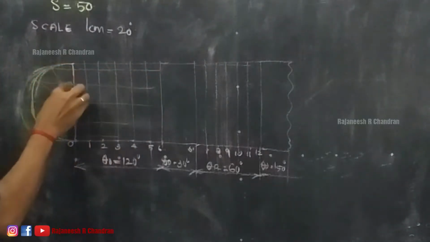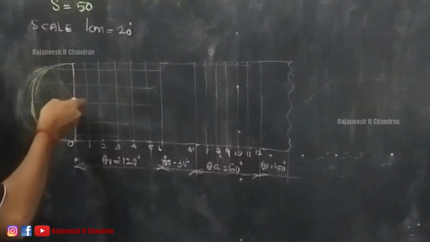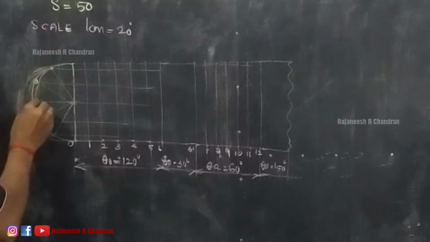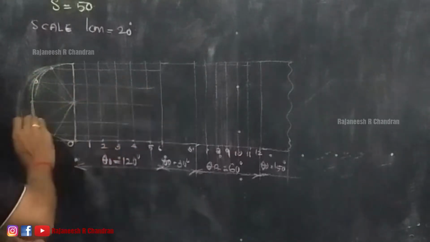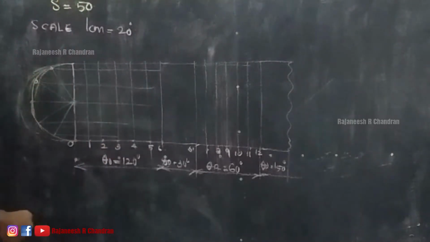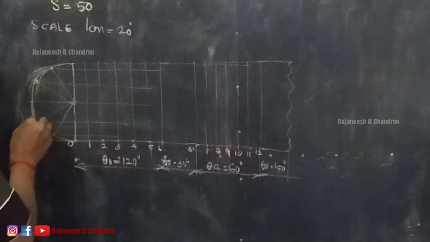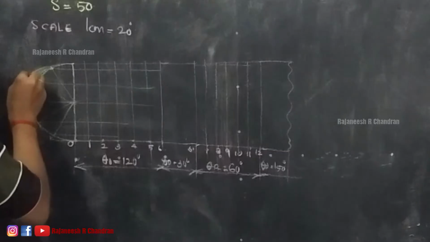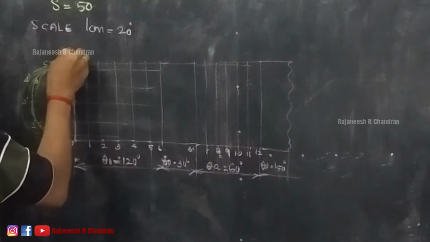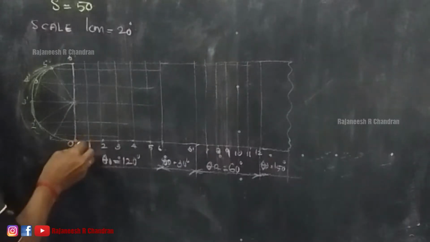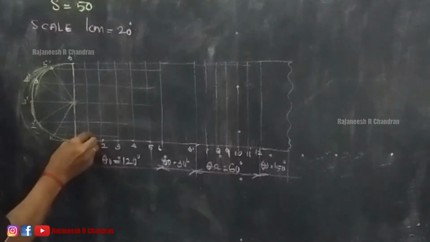While dividing the semicircle, these lines intersect the semicircle at these points. Through those points draw horizontal lines. Now we can see these lines, that means the first one, 1 dash, 2 dash, 3 dash, 4 dash, 5 dash and 6 dash. This 1 dash line meets the vertical line through 1 here.